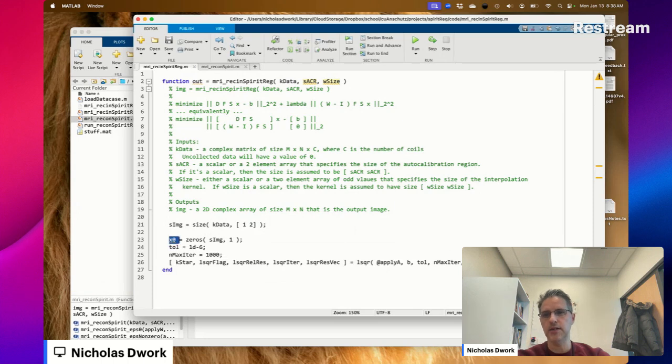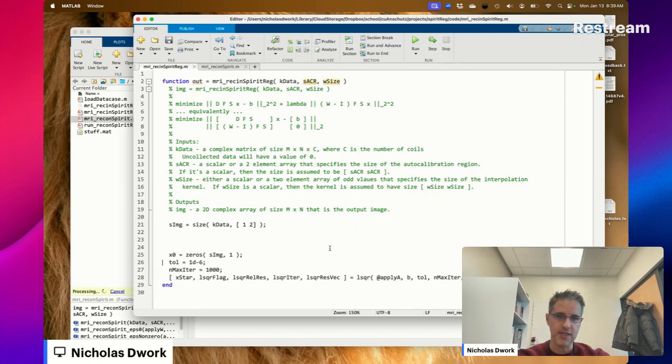X naught is the original image, and we'll just set it to zeros. It's the original guess of our image. Like I said, we'll set it to zeros. Okay.